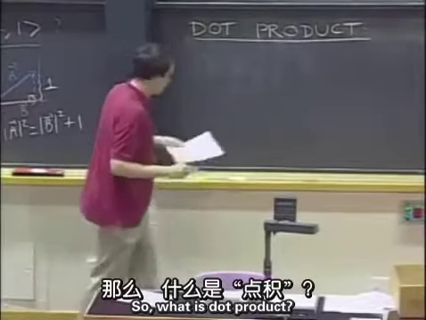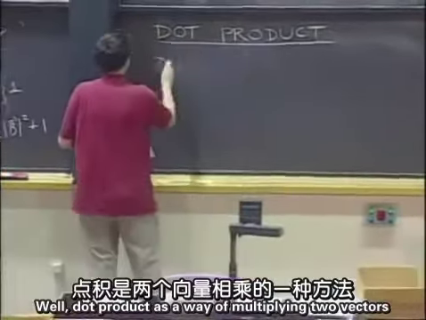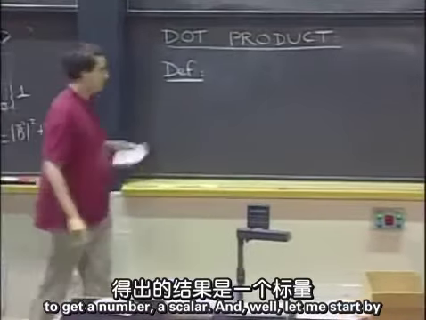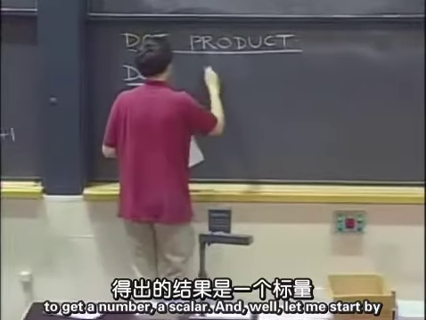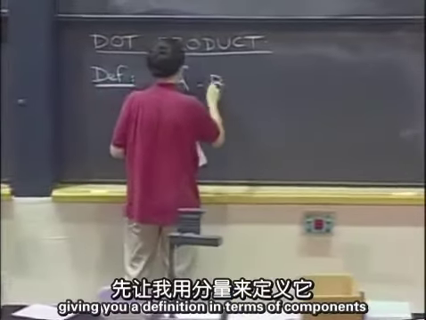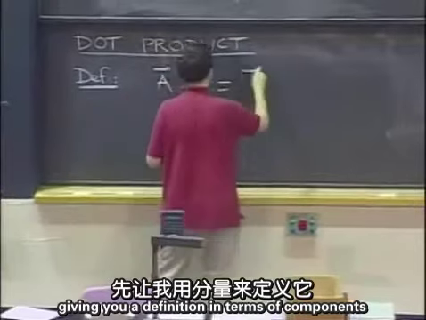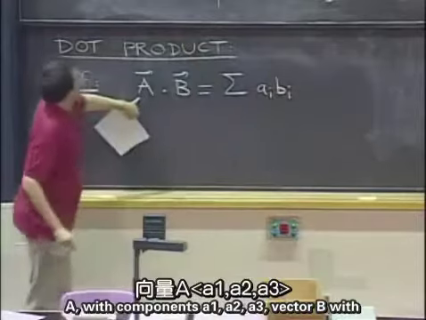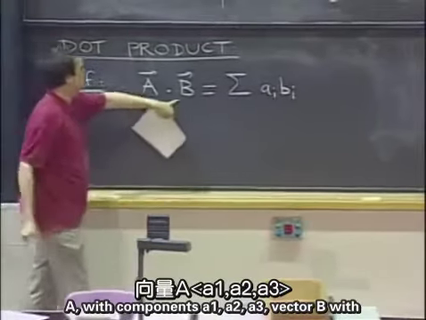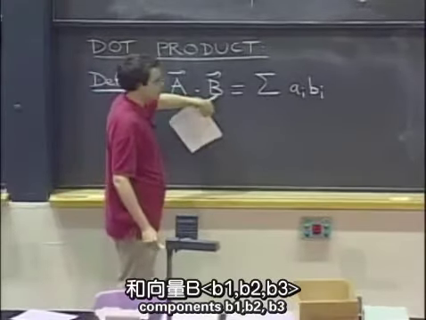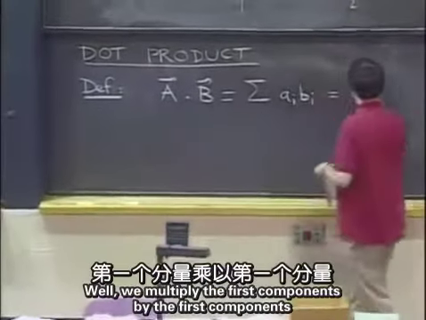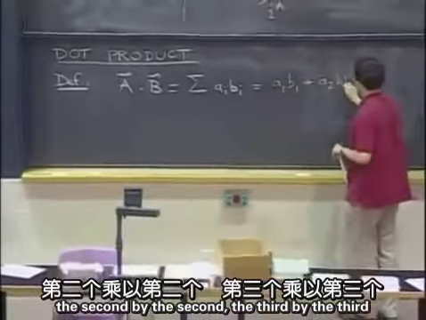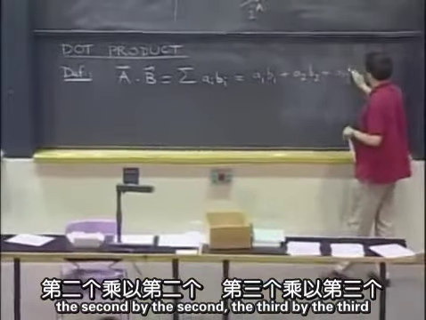So what is the dot product? The dot product is a way of multiplying two vectors to get a number, a scalar. Let me start by giving you a definition in terms of components. Let's say we have a vector A with components A1, A2, A3, and a vector B with components B1, B2, B3. We multiply the first component by the first, the second by the second, the third by the third.